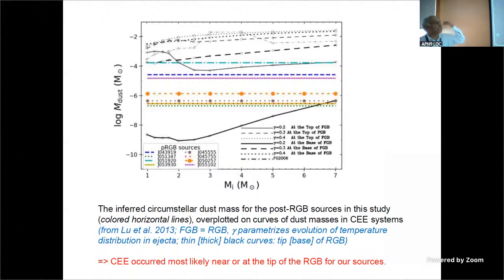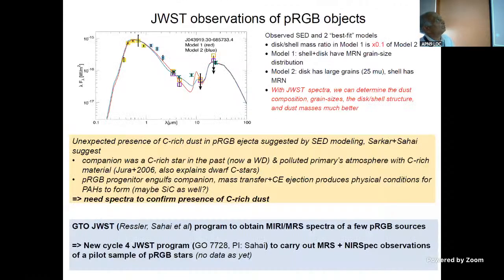So if the ejection happens at the tip of the RGB, you get much more dust forming in the ejecta. And the colored lines are the plots of our post-RGB sources from the study which I just described, and these are all lower limits. By comparing our inferred ejected dust masses with the study, we conclude that most probably the common envelope ejection occurred near or at the tip of the RGB for the sources that we studied.